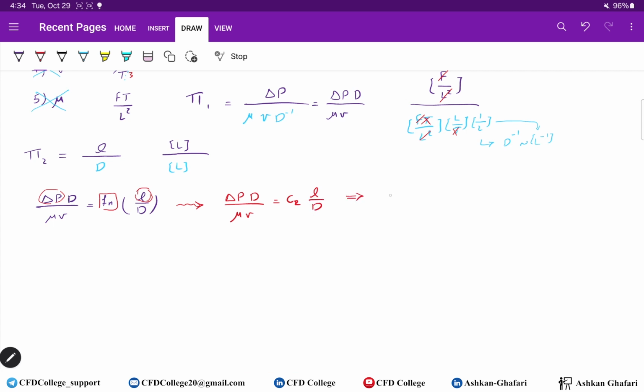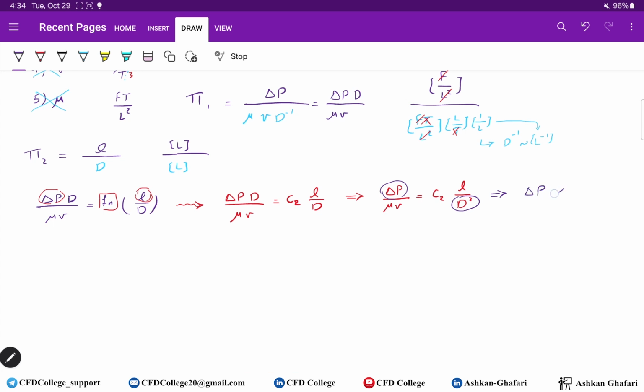So let's take this diameter to the right hand side. So delta P over mu V equals C2 L over D square. And from this you can see that the relationship between delta P and D is like this.